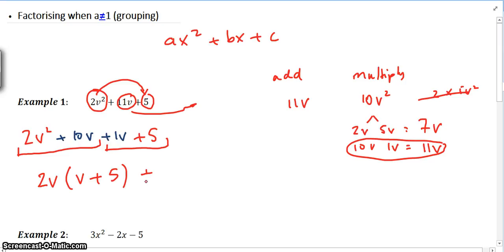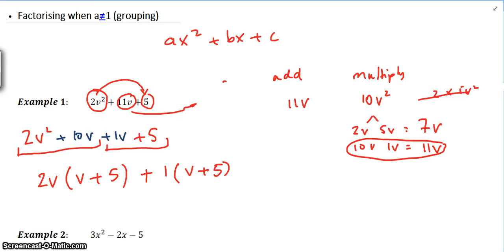Then there's a plus symbol in between because that was a plus. If there was a minus, that would just be a minus. So what's common between 1v and 5? Nothing really, it's just a 1. But if I take the 1 out, I still have v plus 5 in there. So you can see that after this step, something actually happens. This bracket right here is exactly the same as this bracket right here.